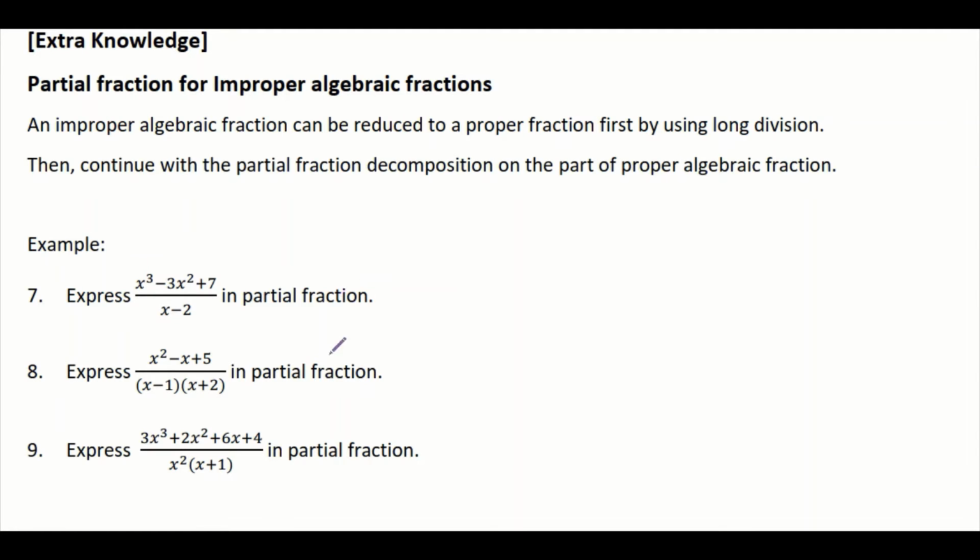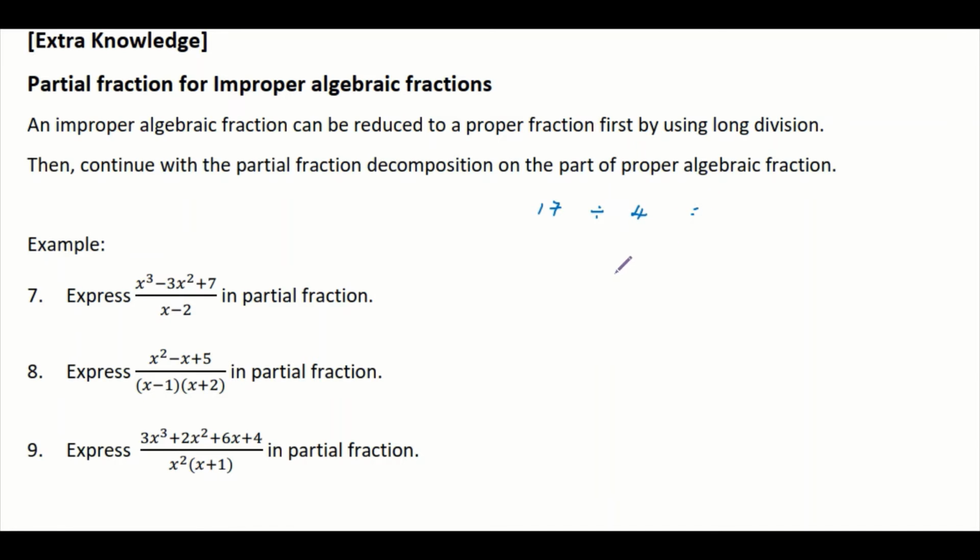Basically, if you have an improper fraction, you can always change it into a proper fraction. Then for the part that is a proper fraction, you can continue with the decomposition that we learned just now. The idea is easy. Let's say you have 17 divided by 4.